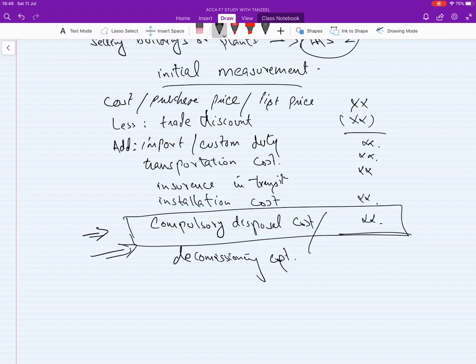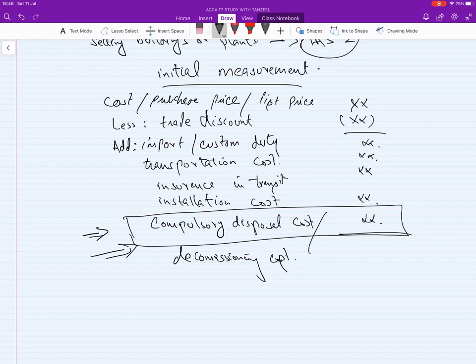So this cost will be in this tab. It means any decommissioning, any dismantling cost, because you are destroying the surface by putting the plant in. Once you finish with your project, you need to remove your plant from the land, because the land was damaged, so you need to restore that land too. You need to spend more money to restore the land.